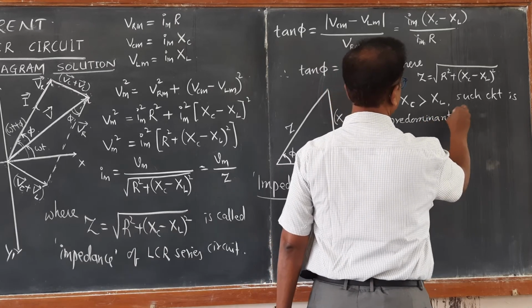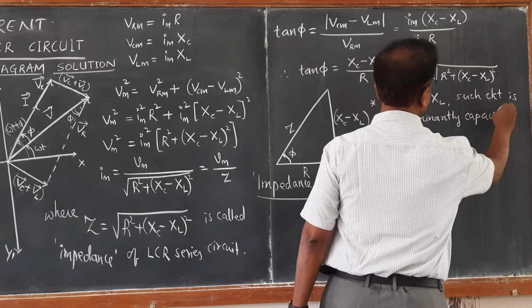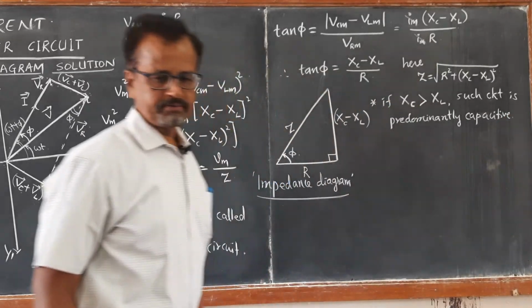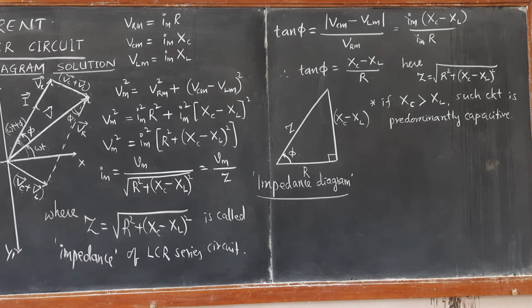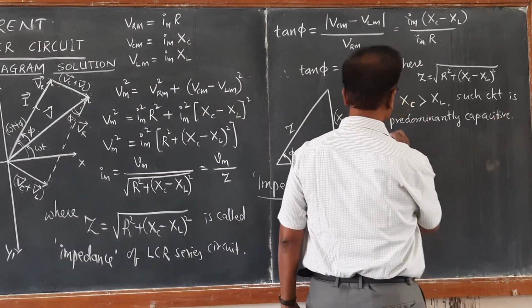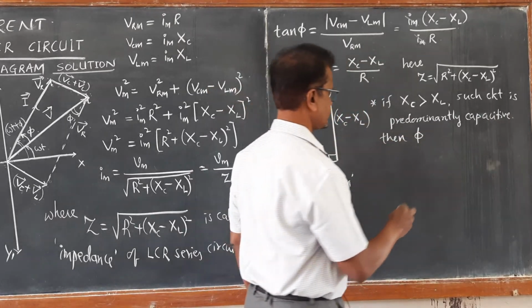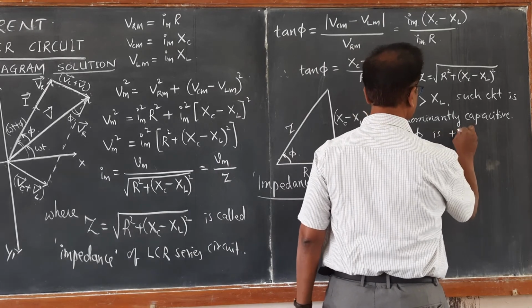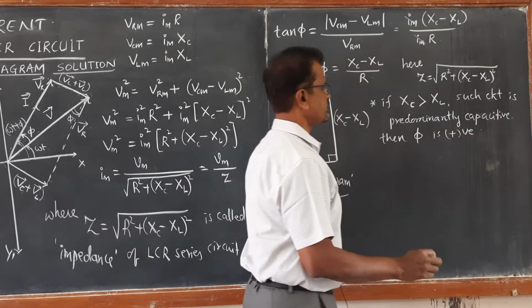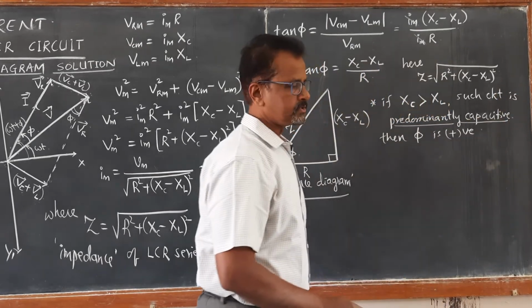If XL is greater than XC, then it is predominantly inductive. If it is predominantly capacitive, then the phase phi is positive. That is a circuit called a predominantly capacitive AC circuit.